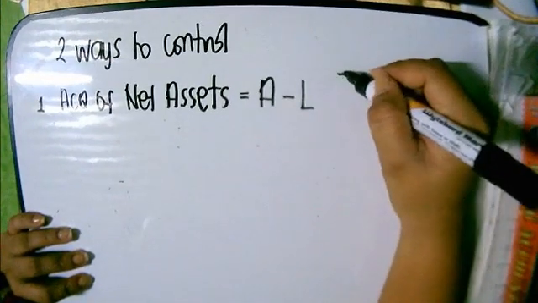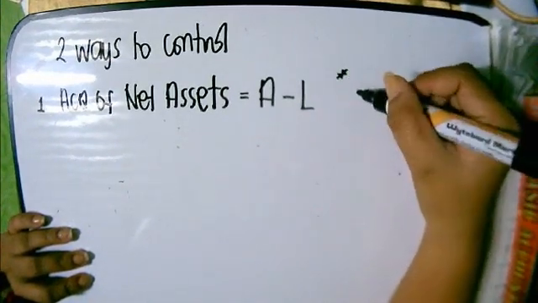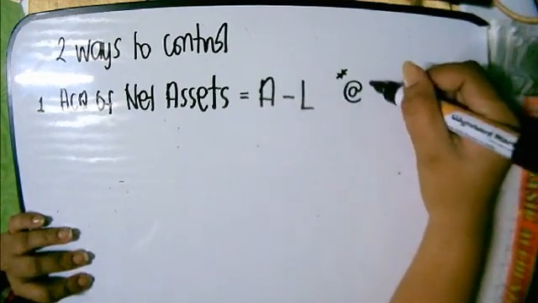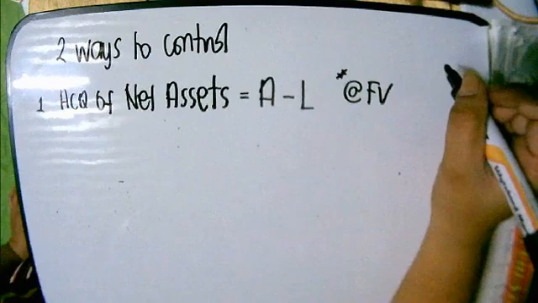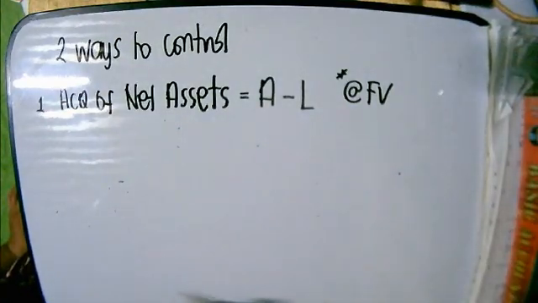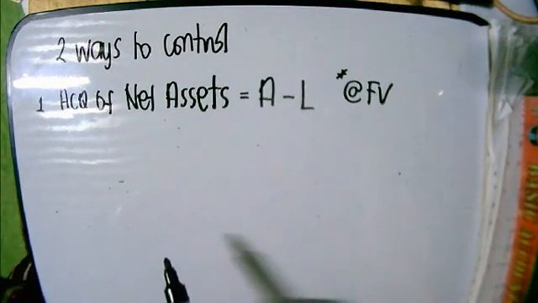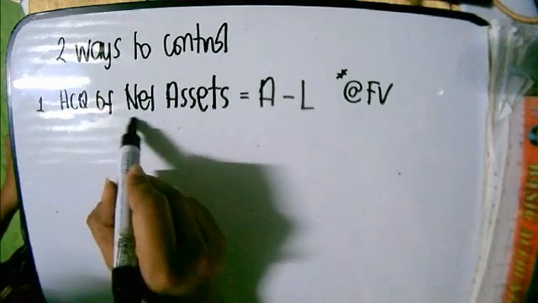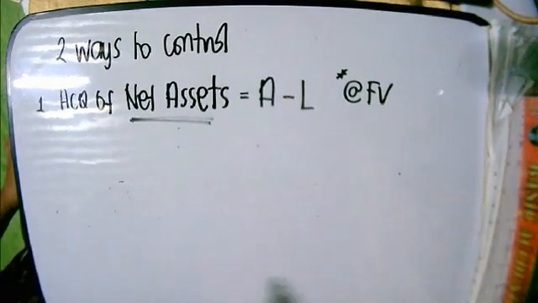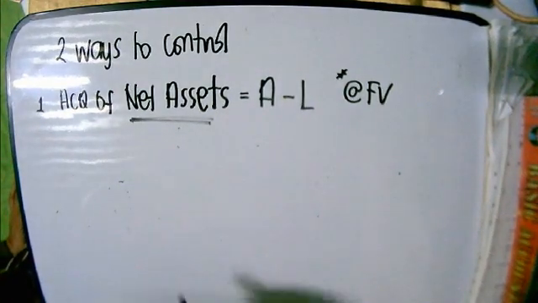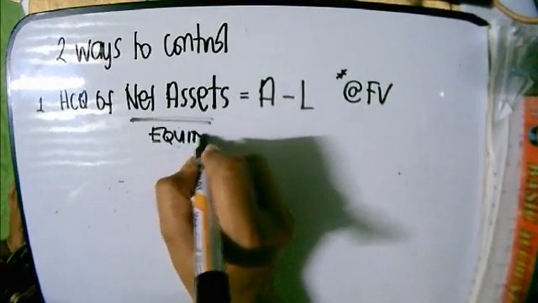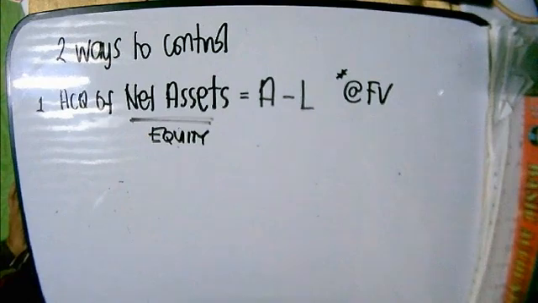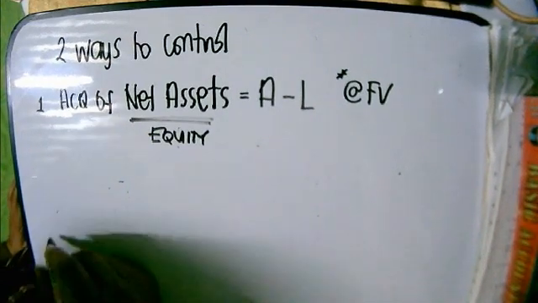So, take note, this net assets should be measured at fair market value. So, again, ang binili or inacquire ni acquirer is ang net assets, or kung sa basic accounting natin, the equity of the business.